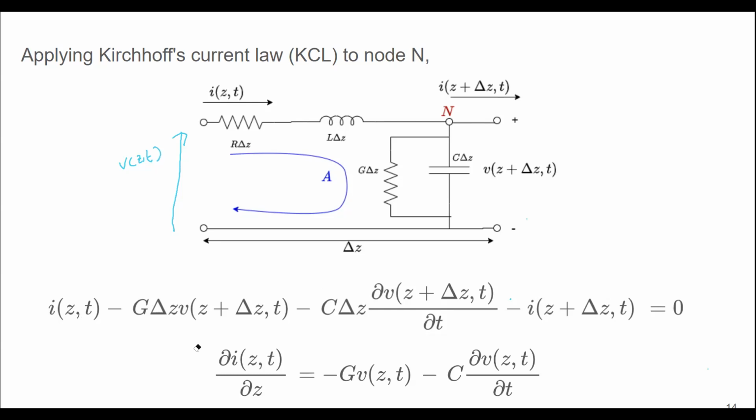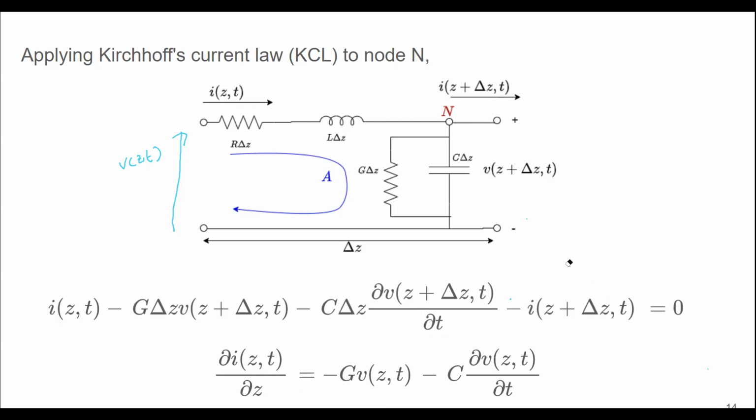Just as before, we let Δz go to 0, and denote the incremental increase in the current using ∂I/∂z, and we can write it equal to minus G V(z,t) minus C ∂V/∂t.